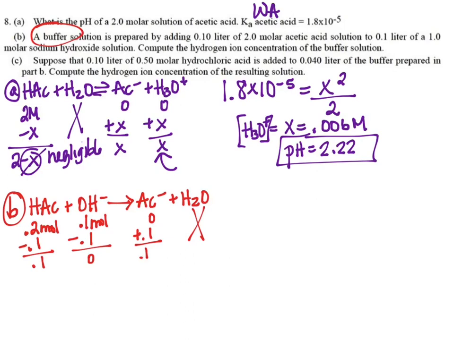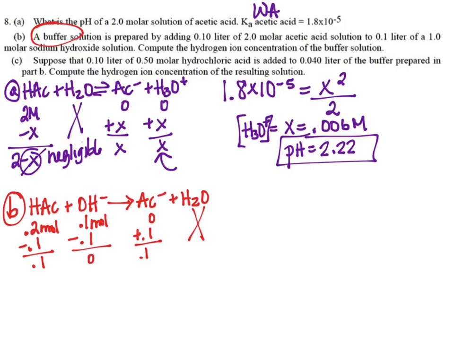So who's left standing? Acetate ion and acetic acid. So we are in what type of situation? Conjugate acid and conjugate base and weak acid. So we are in a Henderson-Hasselbalch situation.